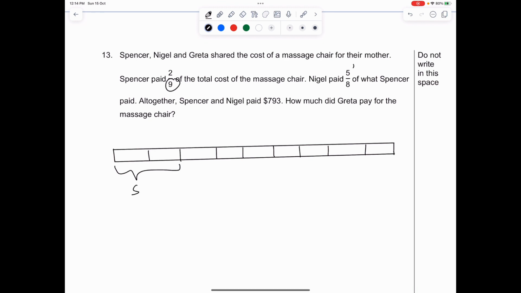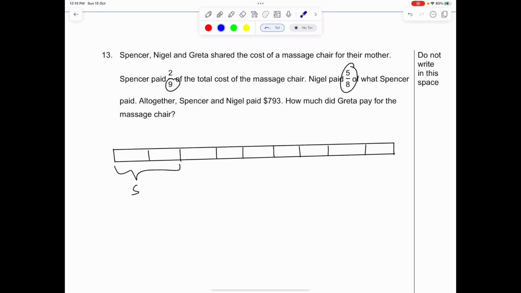And then Nigel paid 5/8 of what Spencer paid. So Spencer paid 2 units, right? But they wanted 8 units here, 8 parts, 8 units. So how do we change 2 into 8? Well, the common part here is actually, we'll divide each part by 4.